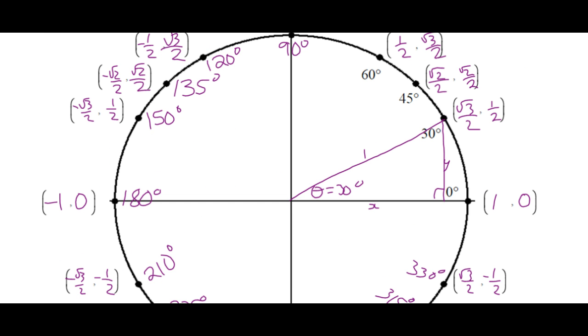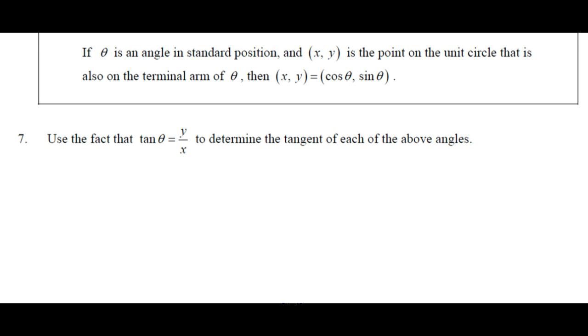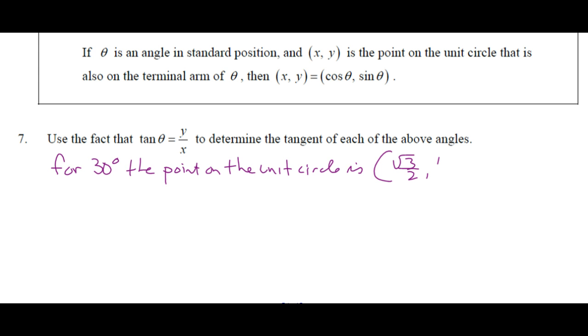All right, so looking at 30 degrees, right? So we'll just go down here. So we'll say for 30 degrees, the point on the unit circle is root 3 over 2, 1/2, right?